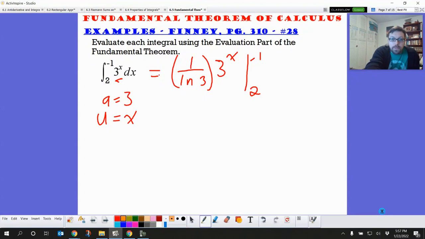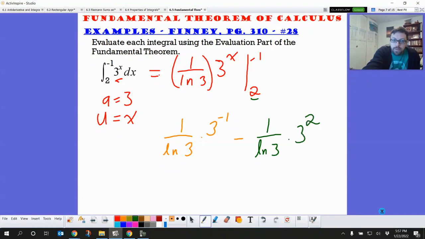Okay. So that is 1 over the ln of 3 times 3 squared, minus 1 over the ln of 3 times 3 to the -1. So that is 3 squared over ln of 3 minus 1 over 3 ln of 3.